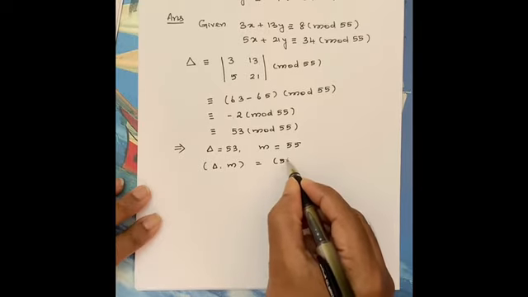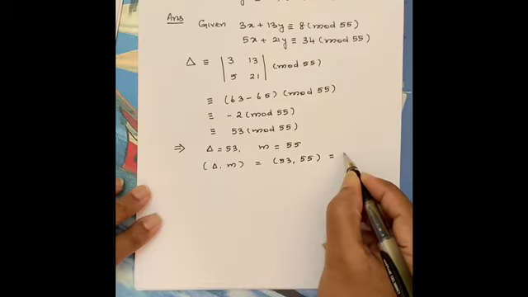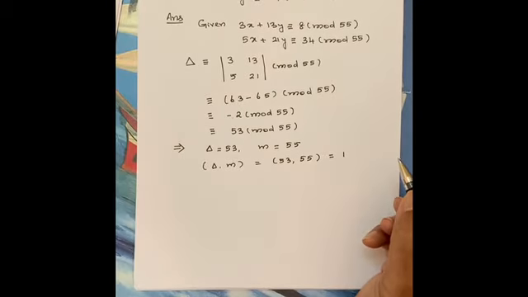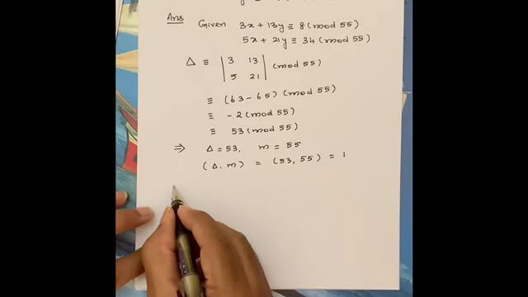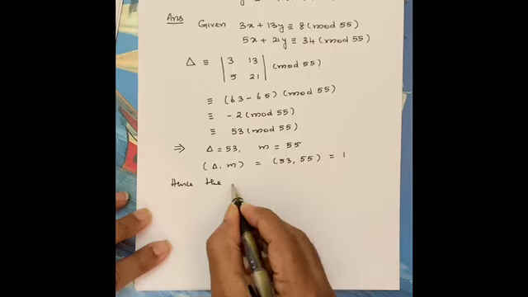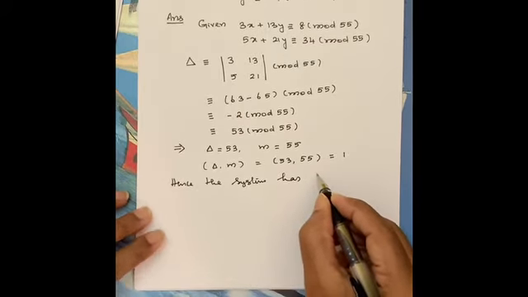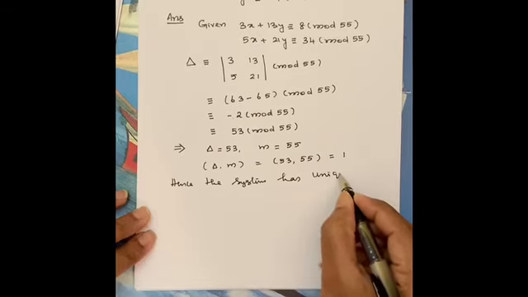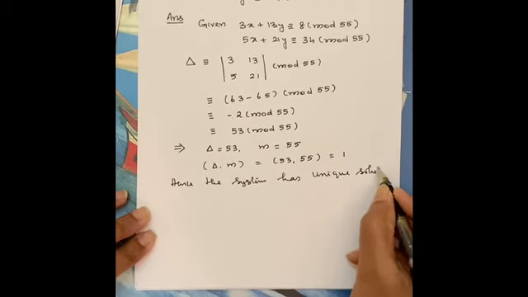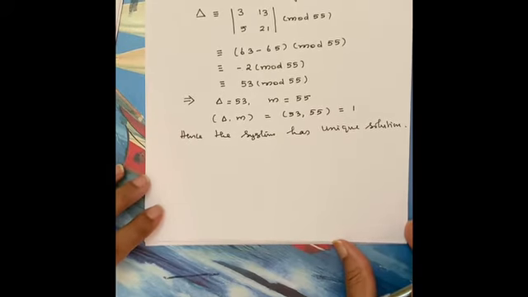So 53 and 55, which is equal to 1. So the GCD is 1. Hence, the system has a unique solution.